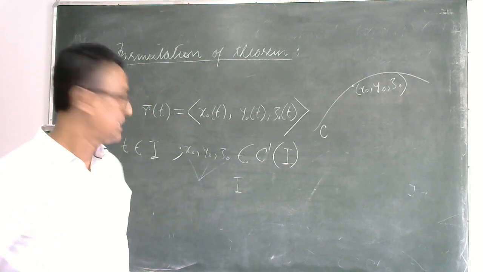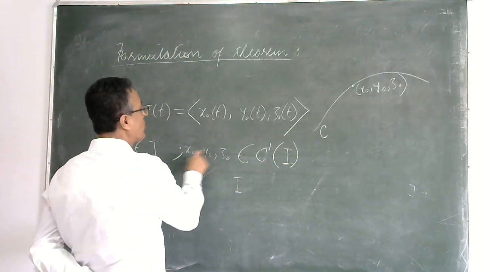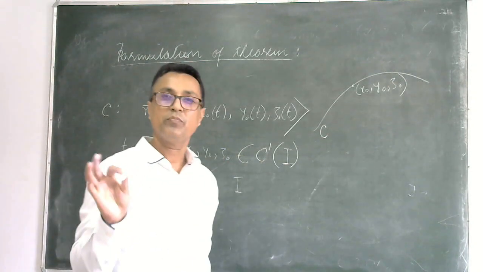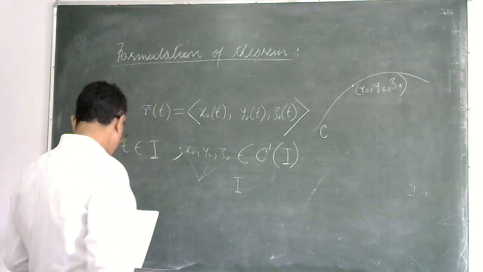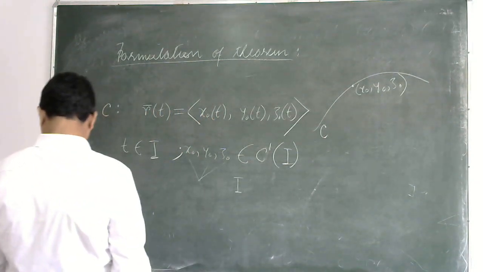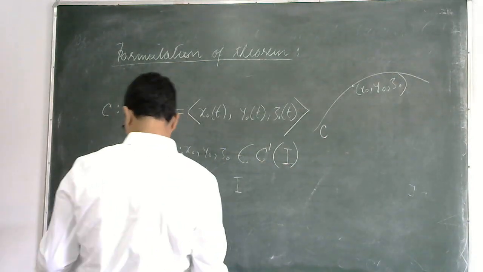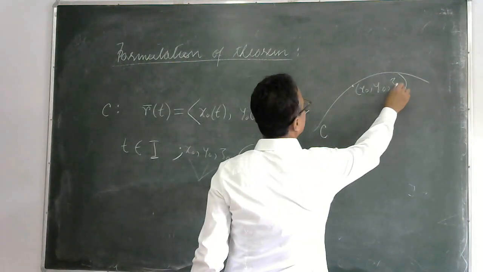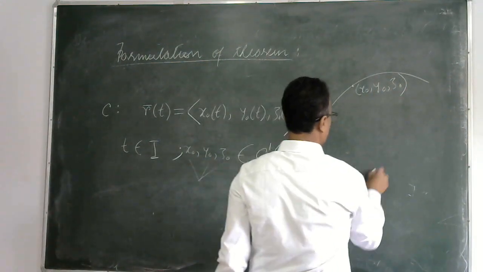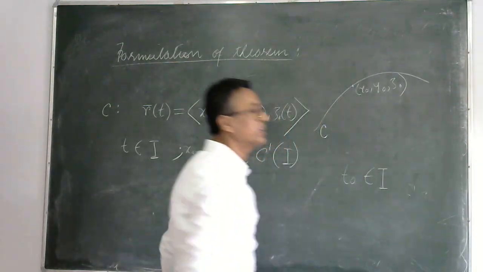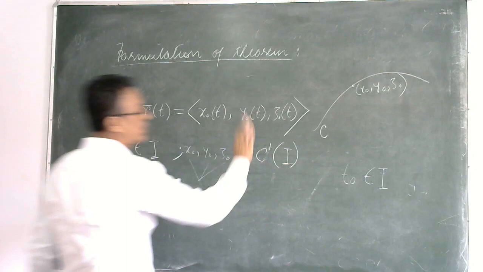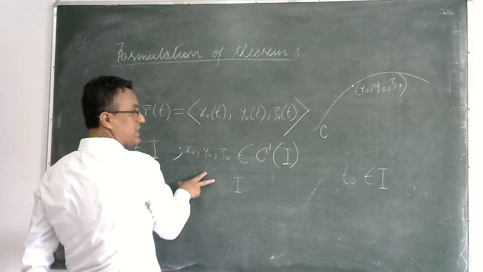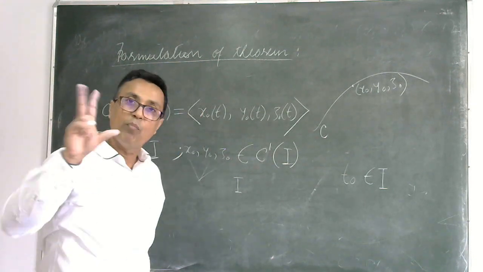Let us assume that at least one of these three is non-vanishing in I, because that is going to guarantee me a tangent vector. Is it okay with everybody? Then we are going to assume that this point x0, y0, z0 corresponds to the fixed point t0 belonging to I. In fact, I am going to prove two theorems, so these facts are going to be common to both theorems.